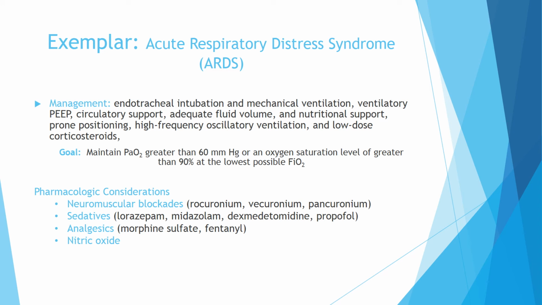Remember, their lungs are so stiff, right? Everything's so stiff that the ventilator sometimes has to work really hard just to get a breath into these patients, because their lungs are so injured and failing and not working as they should. They're stiff. They're full of fluid.